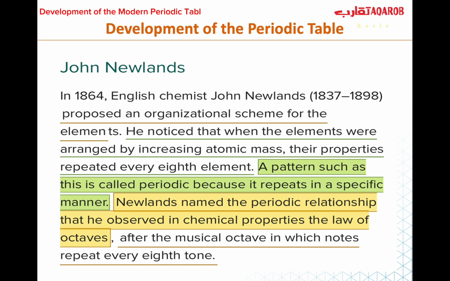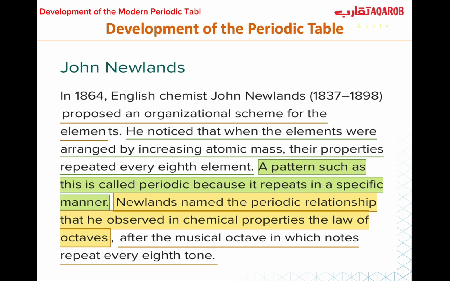In 1864, English chemist John Newlands proposed an organizational scheme for the elements. He noted that when the elements were arranged by increasing atomic mass, their properties repeated every eighth element.